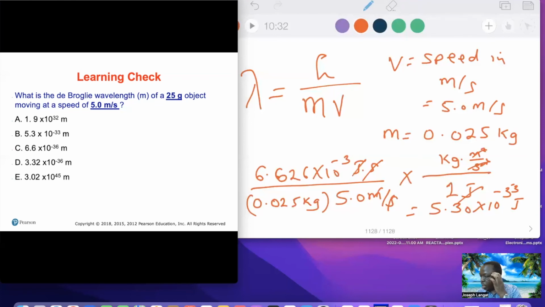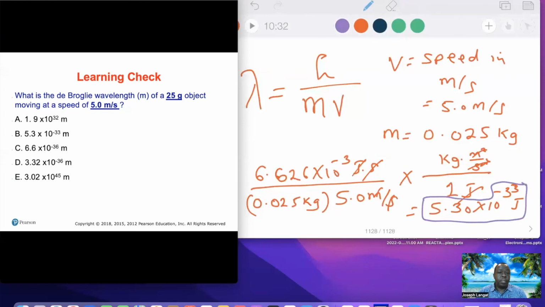This is 33 right here. Please double check. This is how you calculate the de Broglie wave. And remember what it is all about: de Broglie is suggesting that if light is behaving like matter, then we can calculate the wavelength of any object.